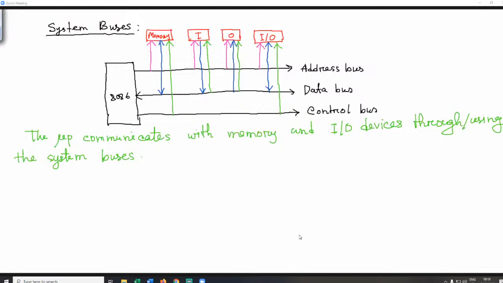So how many types of system buses are there? What are the types of system buses? How many of you have joined so far? Okay. So what are those types of system buses? Suppose the first one is called address bus. Address bus number one.